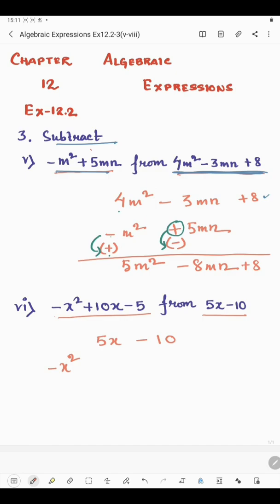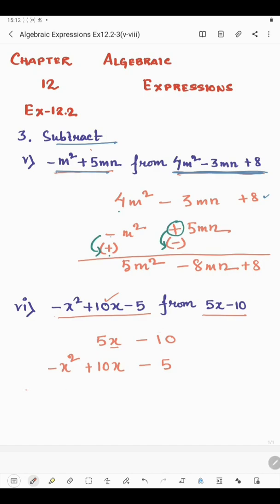We'll just put it separately, not below these terms, because here we have the x term present. 10x and 5x are like terms, so we'll put it below 5x, and minus 5 is the constant, so we'll write it below the constant. So minus 5 will be written below minus 10.